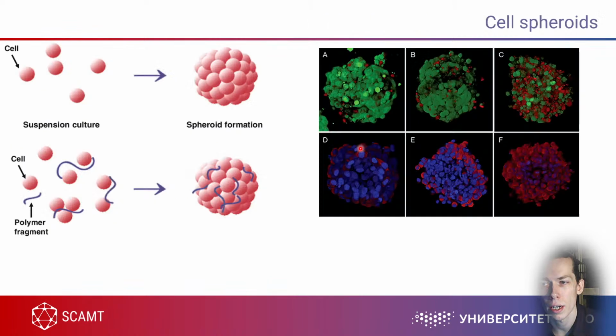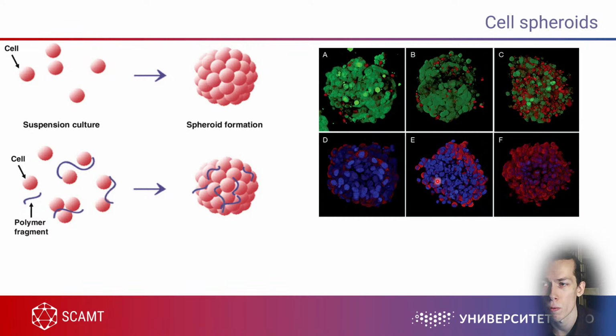But there can also be in vitro models in the form of 3D cell cultures, also called cell spheroids or organoids. What is so special about these cell spheroids? When you have a suspension cell culture, you can form cell spheroids with the hanging drop technique or using some polymers, and form nicely looking spheroids.